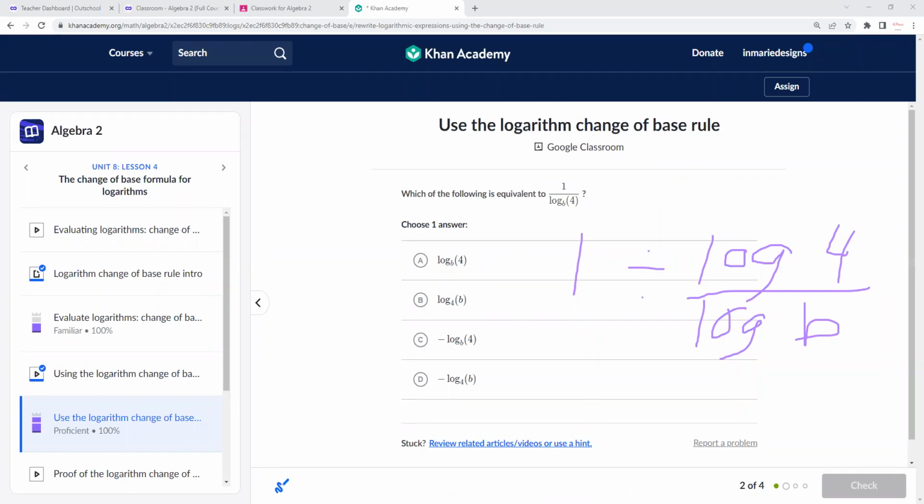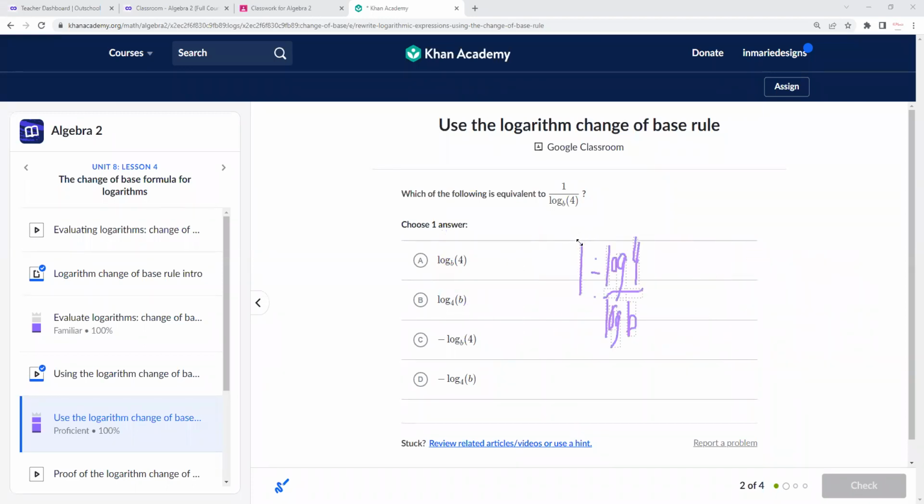So you always flip the second one. Flip it and multiply. This basically gets me log b over 4. So now b is my argument and 4 is my base. So it would then be this one.